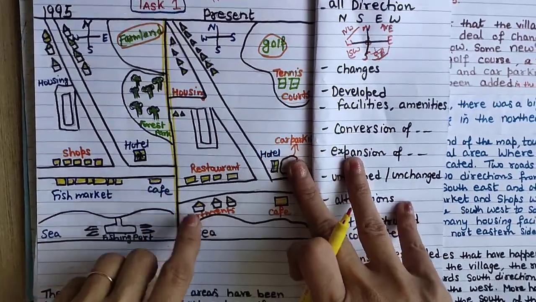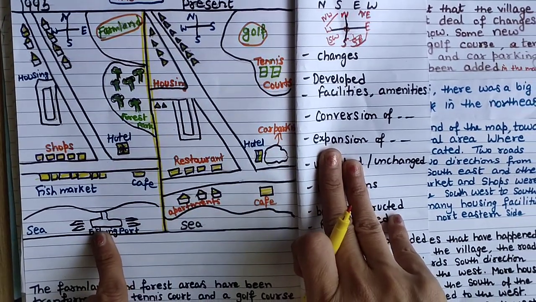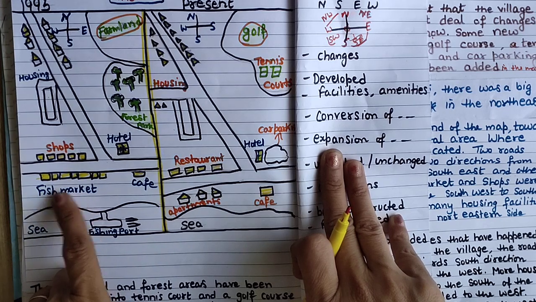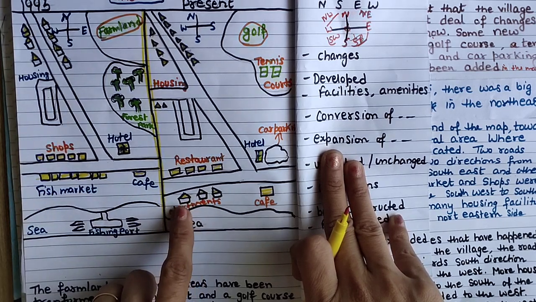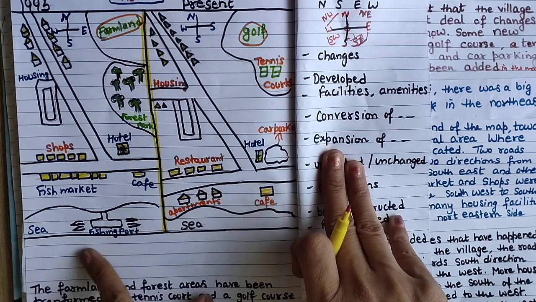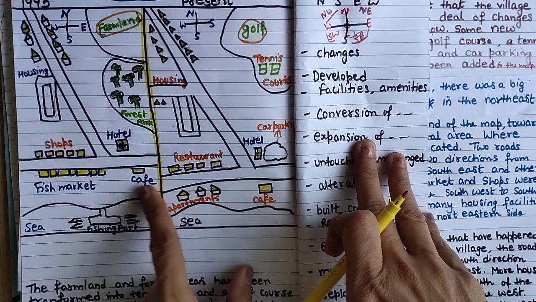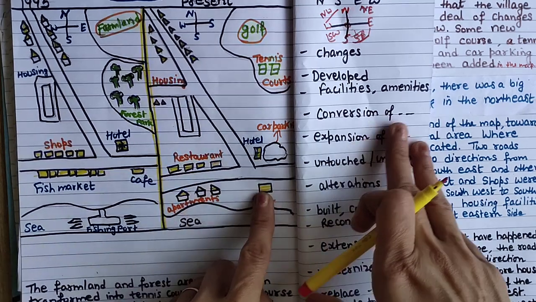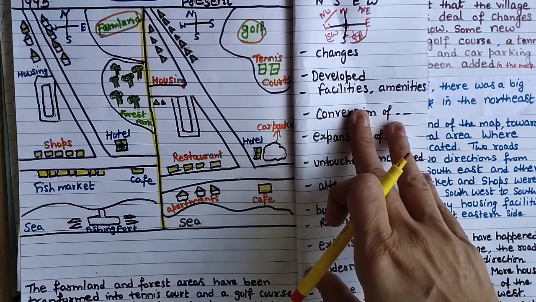You can see they have removed the fishing port. Instead of the fish market they have just constructed apartments, and they have removed the seaport. Only the sea is there, and the cafe they haven't changed. This line I have forgotten to write: the cafe area remained untouched.